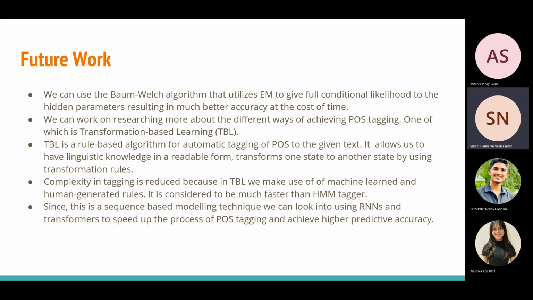The complexity in tagging is way reduced in TBL as compared to HMM. And we can also use the traditional methods of RNNs and also transformers, which give a high prediction accuracy and also take lesser time. Thank you.